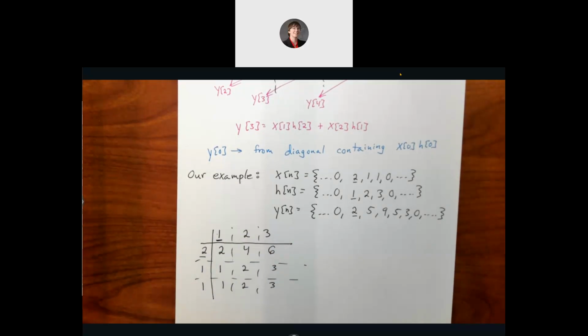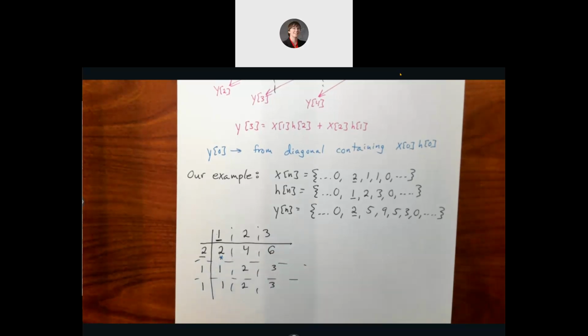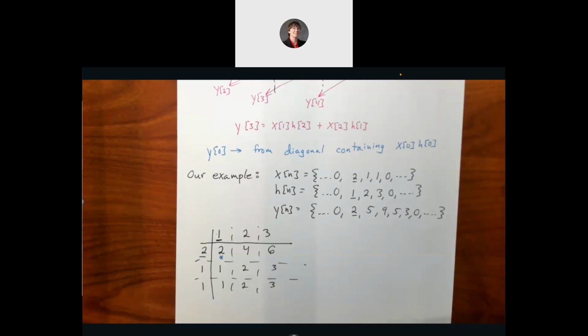We have 1, 2, 3. 1, 2, 3. And I note that this element here is that 0 element that I'm interested in. So I took my x[0] and my h[0] and multiplied to get this array element.